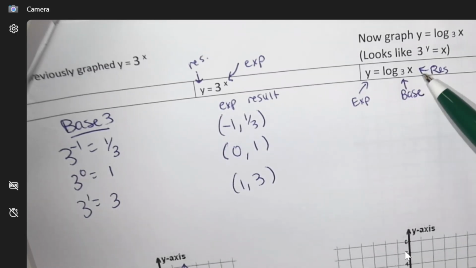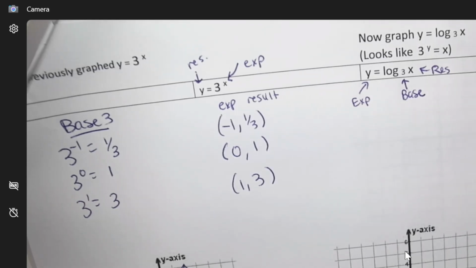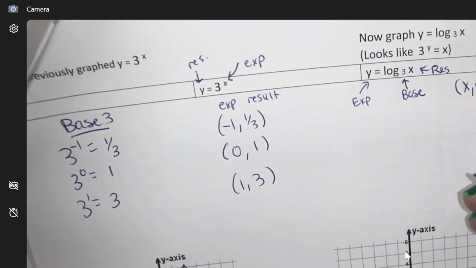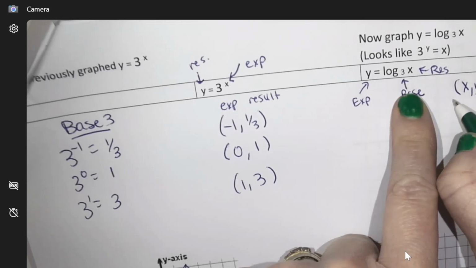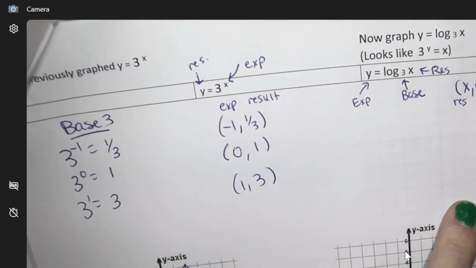This is the result, and this is the exponent. So coordinates are always written x, y, the x is the result, and the y is the exponent.